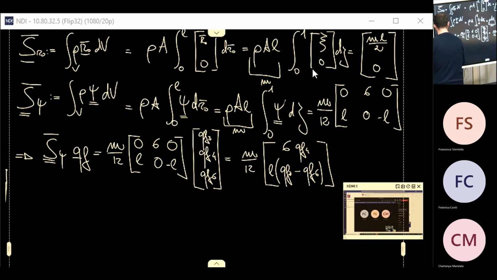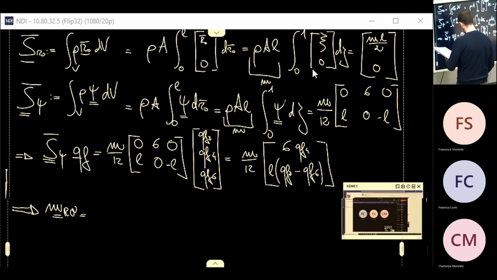And this means that eventually my M R theta submatrix becomes as follows.